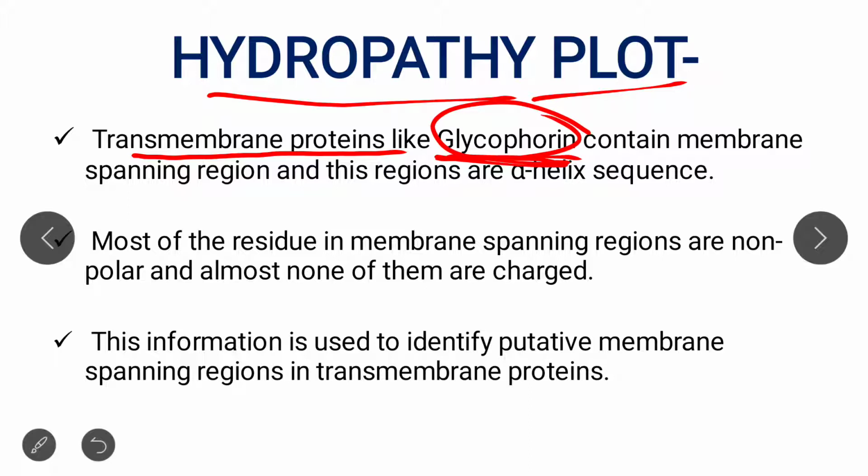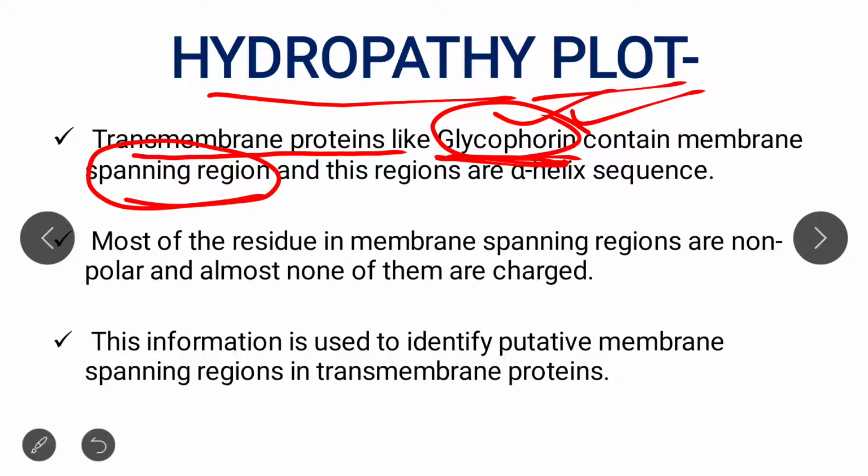As I already taught you in the previous classes, glycophorin is a single pass transmembrane protein, or monotopic transmembrane protein. So the hydropathy plot gives information about the segments of a transmembrane protein like glycophorin.